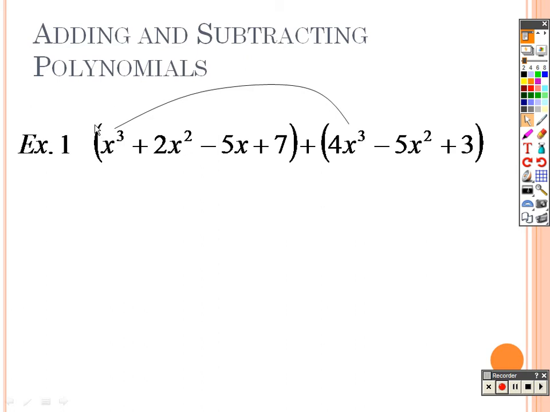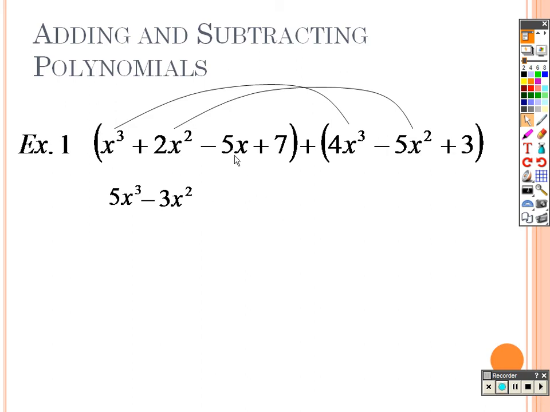So if I have 1 x cubed and 4 x's cubed, when I add them together, I end up with 5 x's cubed. Well, right here I notice that I have an x squared and another x squared over here. I have 2 of them, and I have negative 5 of them. So 2 and negative 5, when you add those together, is a negative 3x squared.